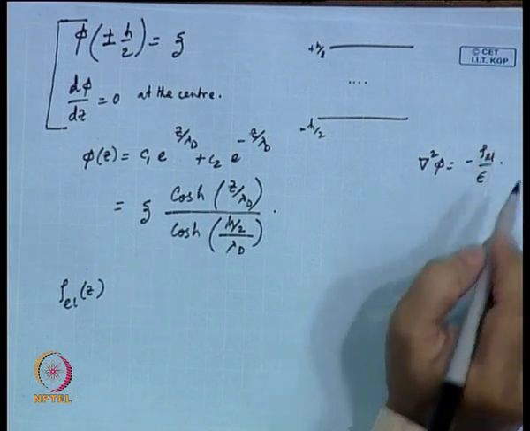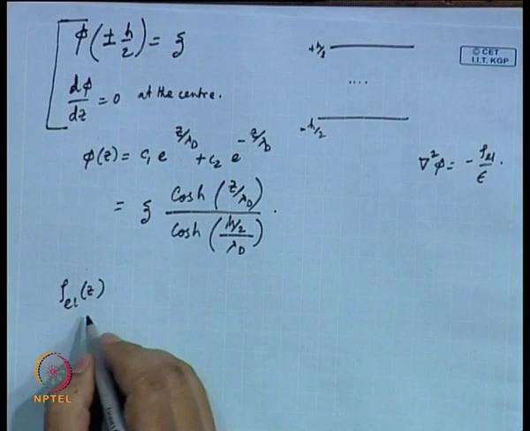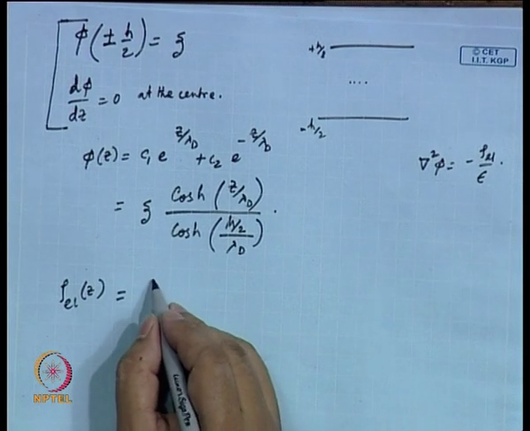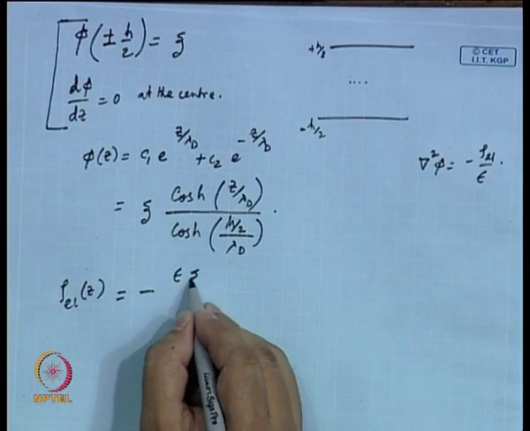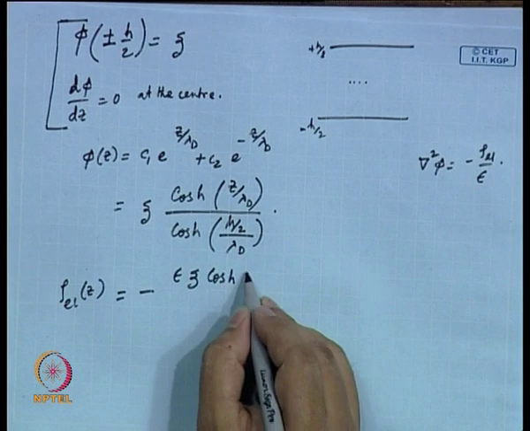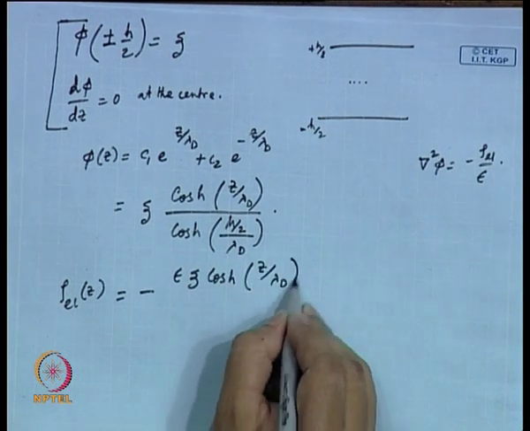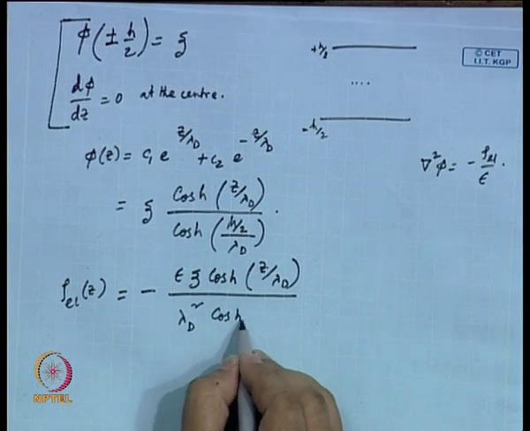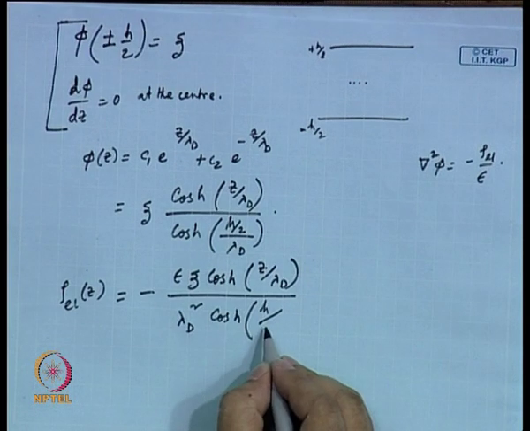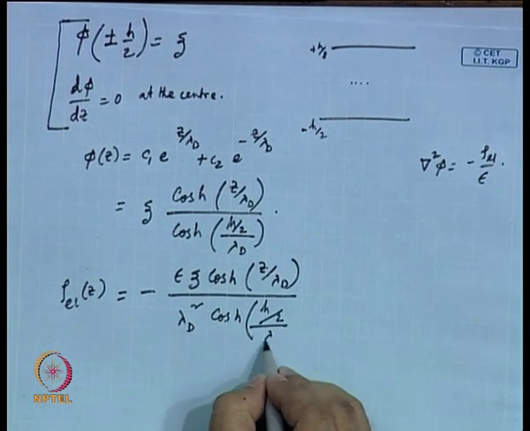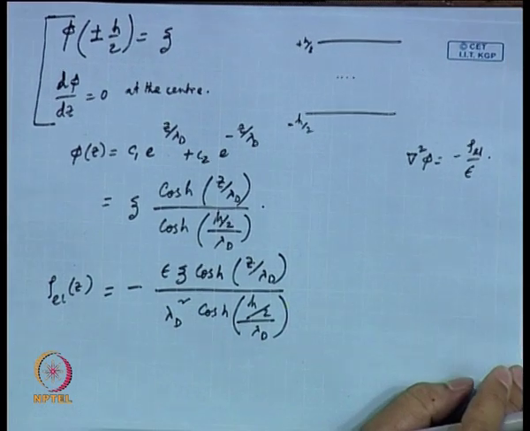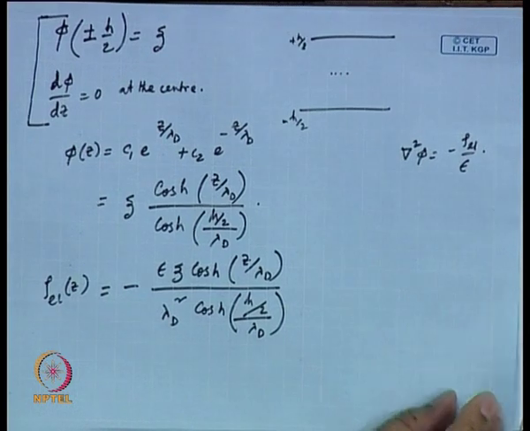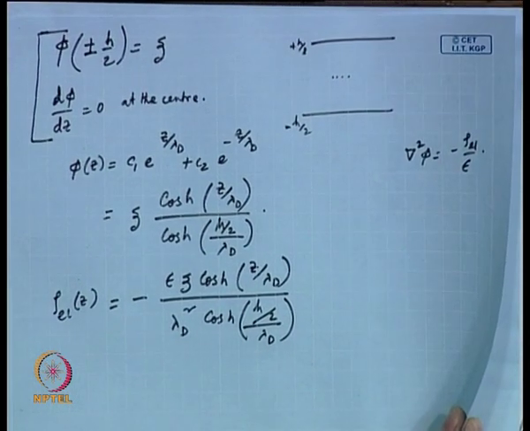So, this was an expression we had worked with earlier. So, accordingly this rho E L z would be equal to minus epsilon zeta cos hyperbolic z by lambda d divided by lambda d square cos hyperbolic h by 2 divided by lambda d. All right. So, this is the expression you have for rho E L z.